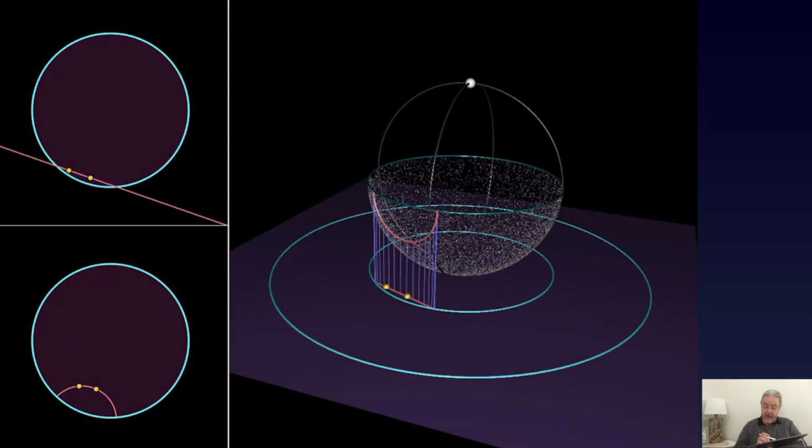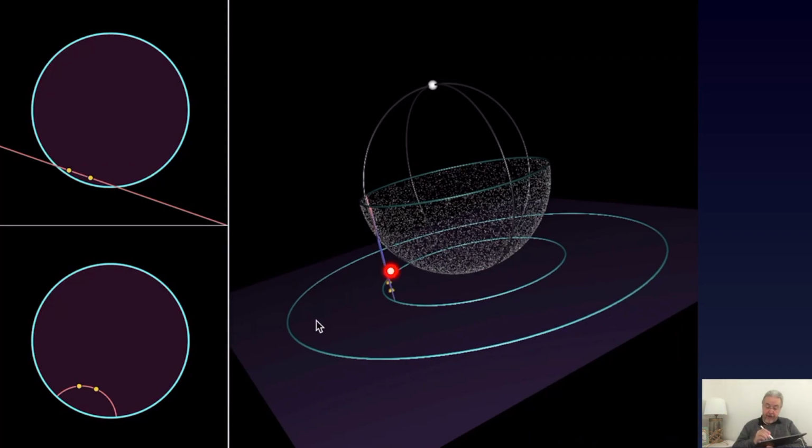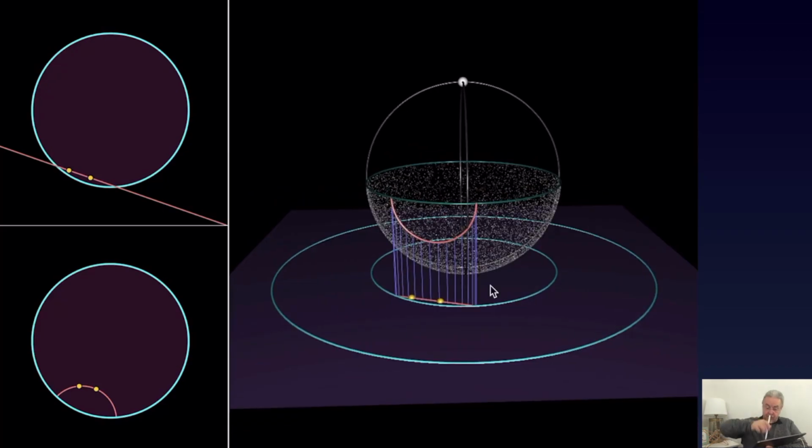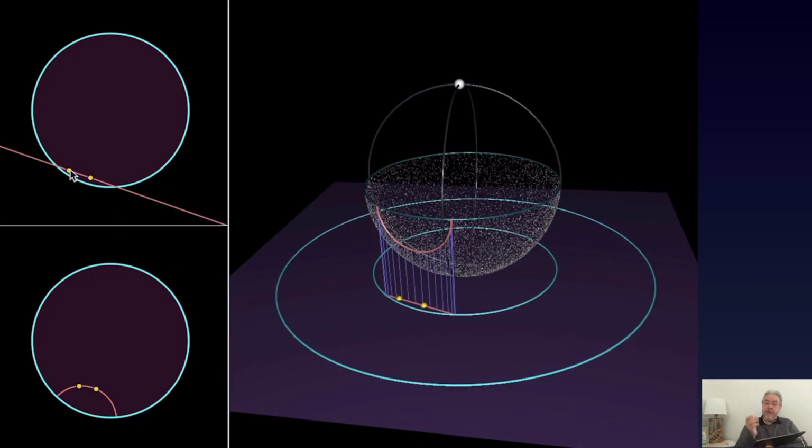Well, the orthogonal projection of that line to the sphere is cutting the sphere with a plane, and if you cut a sphere with a plane, you get a circular arc. First observation. Second observation is if this is a circular arc and it comes from a plane that intersects orthogonally, then you will get a right angle at that point. So the circular arc will be orthogonal to the equator at the boundary.